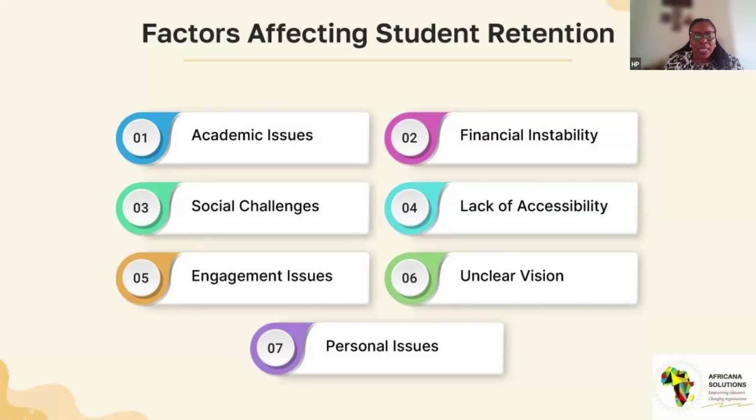And then, of course, personal issues. Now, I would like to create a scenario here in one school that I know, where the owner of the school, the director of the school, is not actually an educationist. But because he's the owner of the school, he feels like he should be the one that will run the school. So what happens is that he walks into the school the day he's very unhappy with a particular teacher.